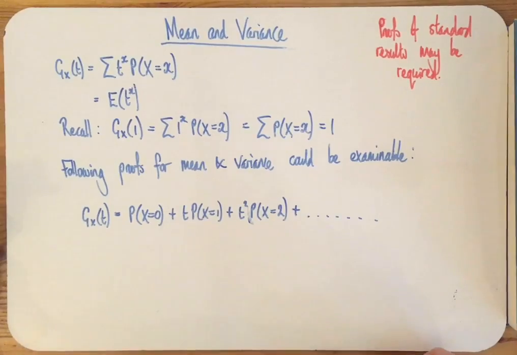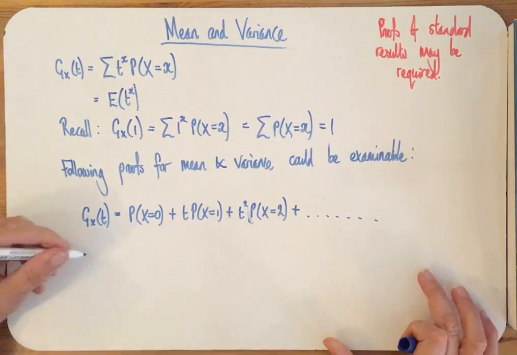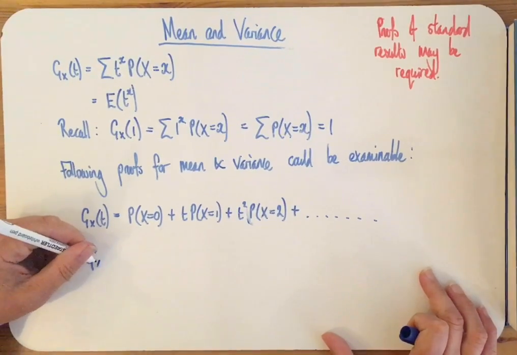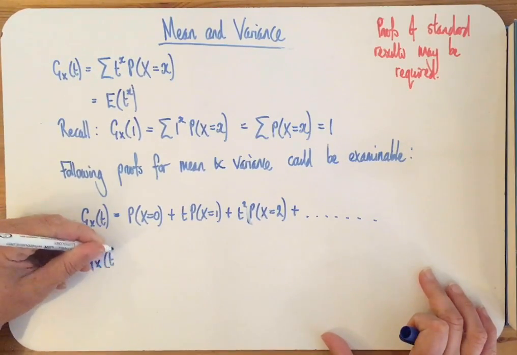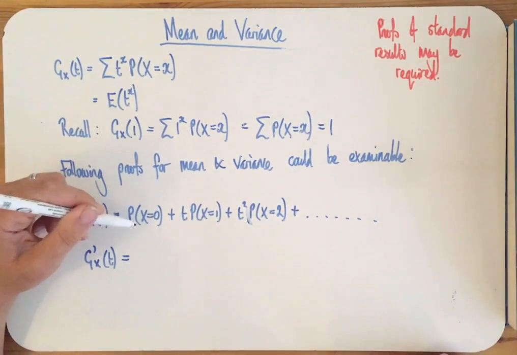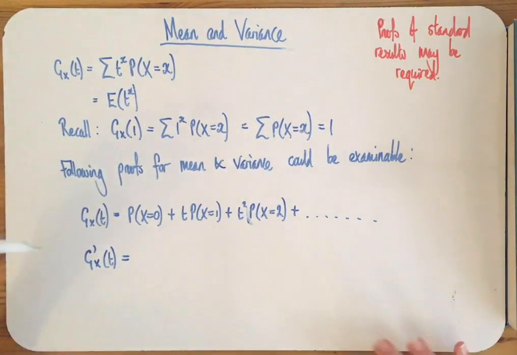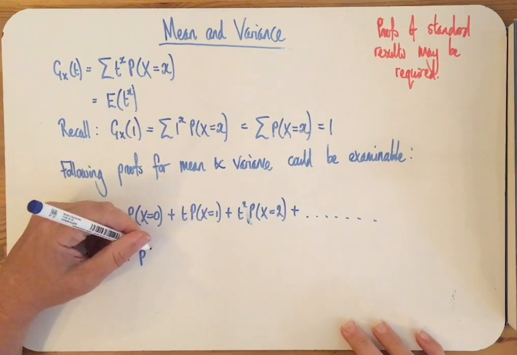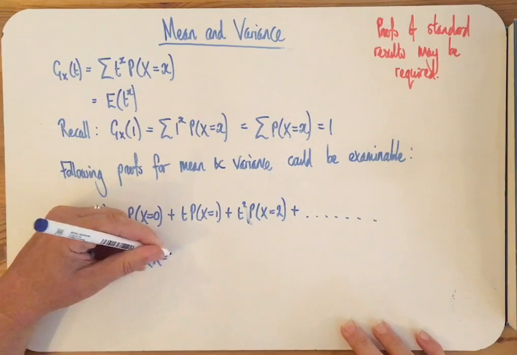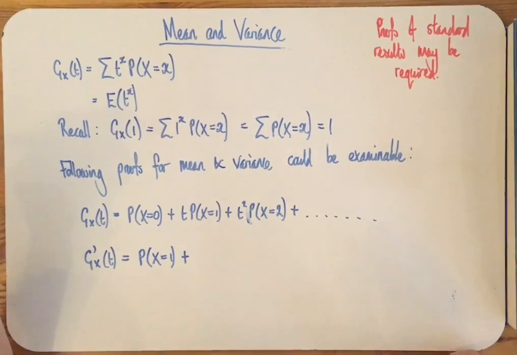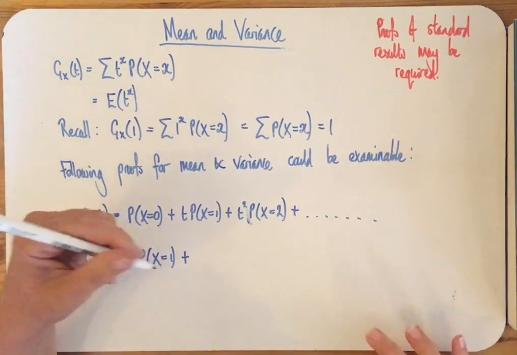And then we're going to differentiate with respect to t. So usual notation, you can use a dash for differentiating with respect to t. Numbers go to 0, so that's just going to 0. t will differentiate to 1. t squared will differentiate to 2t.